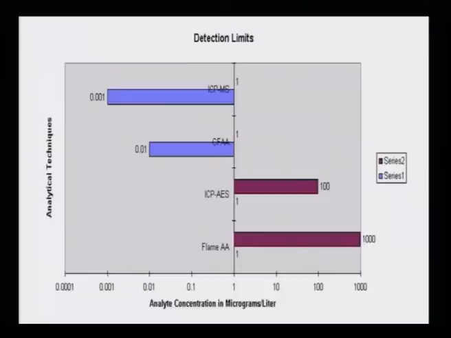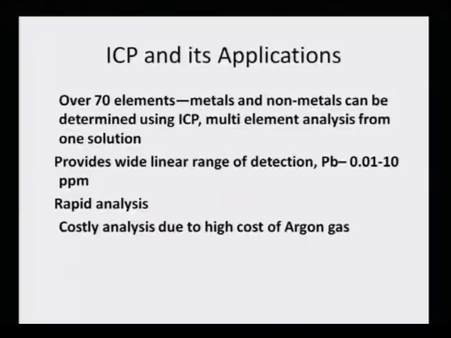However, ICP emission takes care of ppb level, whereas graphite takes care of ppb and ppt, and ICP-MS takes care of ppb and ppt levels of trace quantities, parts per billion and parts per trillion. Imagine how these sensitivities and detection limits have been confined to these particular instruments, and that gives an idea for an analyst to be able to make the right choice.